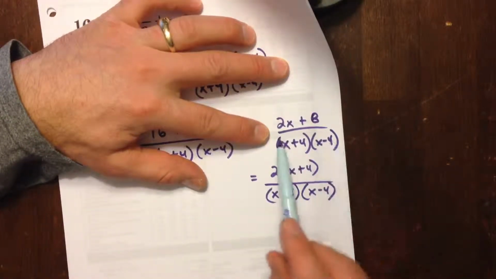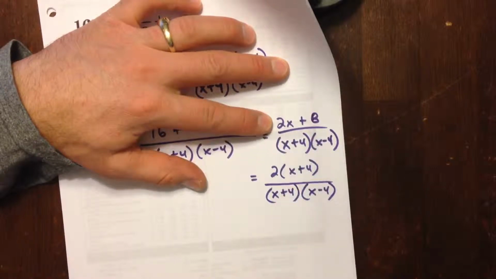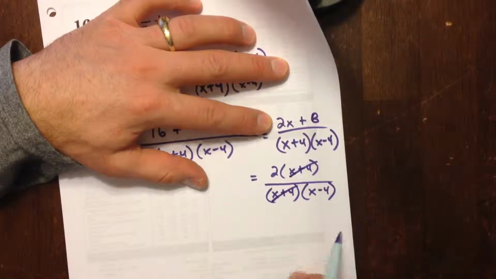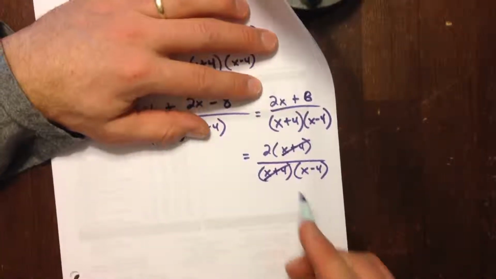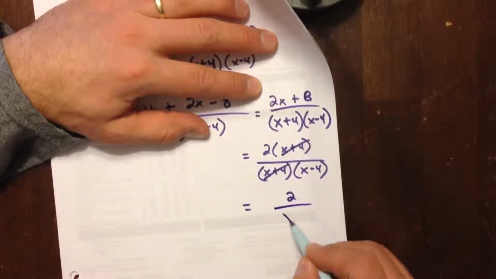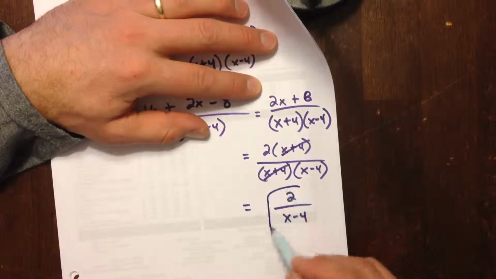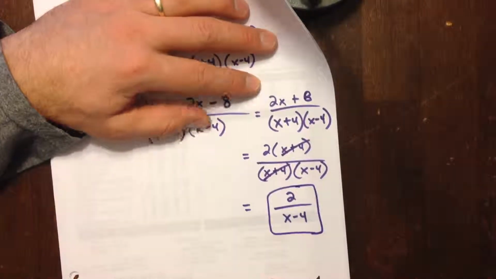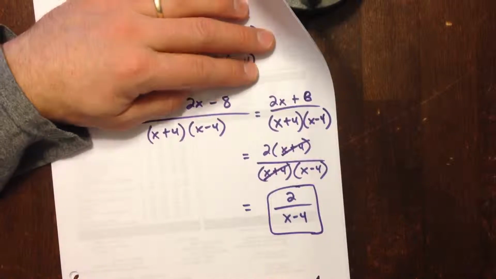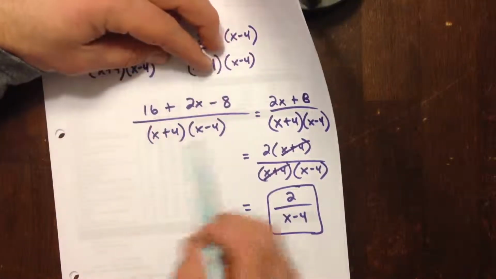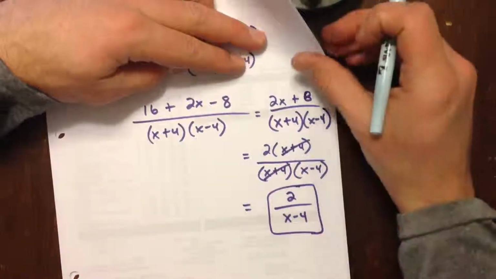And in this case you can, because you pull out a 2 of the top. And now we have x plus 4's that match up. So we end up with 2 over x minus 4 as our answer. So after you've added, see if you can simplify.